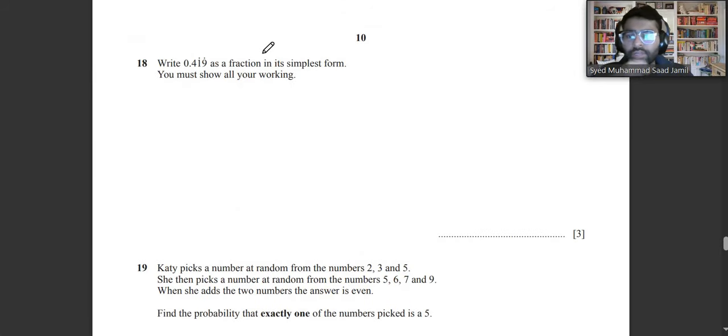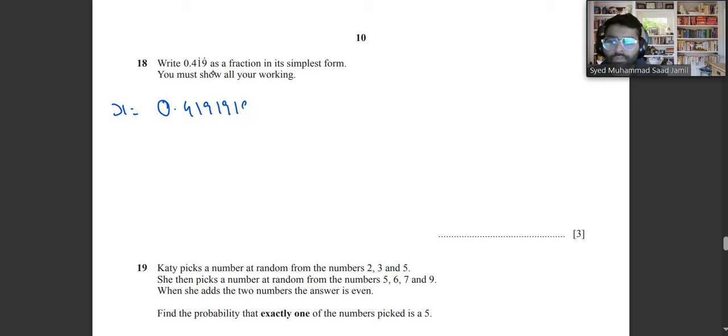Write 0.419 recurring as a fraction in its simplest form. When you have 0.419 with two dots over it, what does it mean? It means x is equal to 0.4191919.